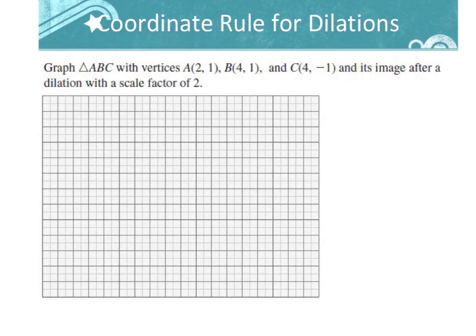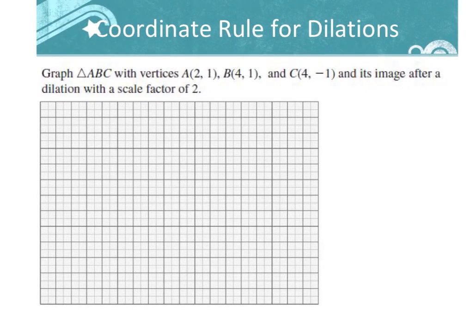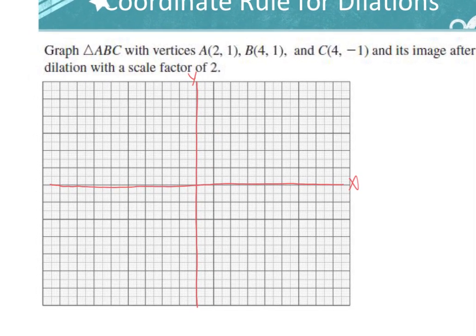All right, so our graph ABC with vertices A at 2, 1, B at 4, 1, and C at 4, negative 1. Let's graph it. Here's our Y axis. Here's our X axis. A is at 2, 1.